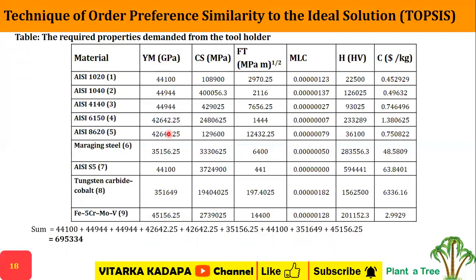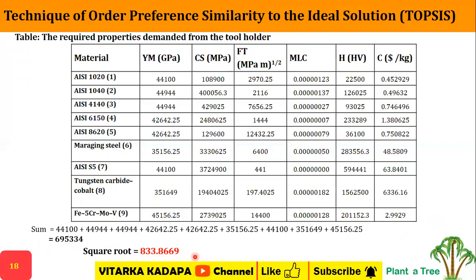I have to sum column-wise. I will get the value 6,95,334, and I will take that value here. I have to do it like this for all the values. For this current value, if I take the square root, I will get this one.